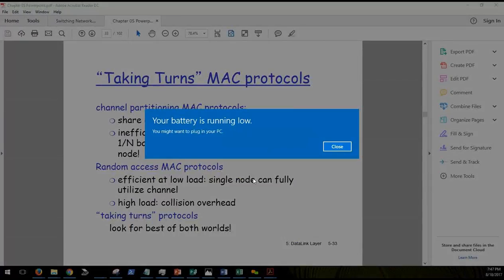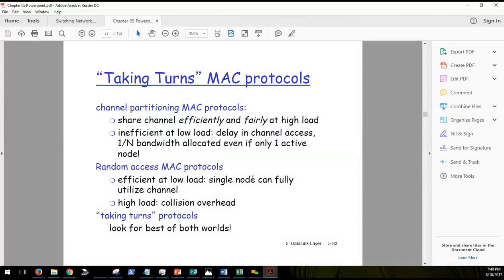Hold on, let me plug my system in. IBM used to own the PC market. Why did they lose it? It wasn't because of the technology, because they always had great technology. Their problem was that their marketing and pricing structure basically killed them.